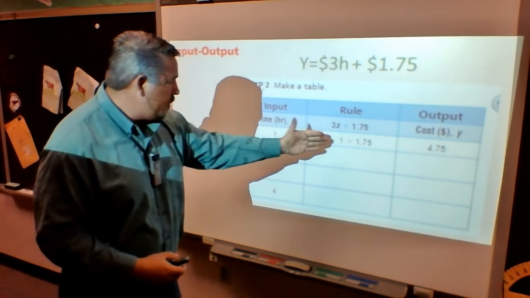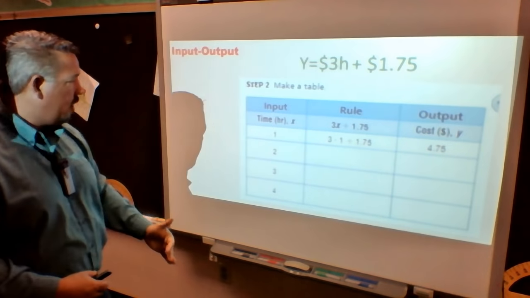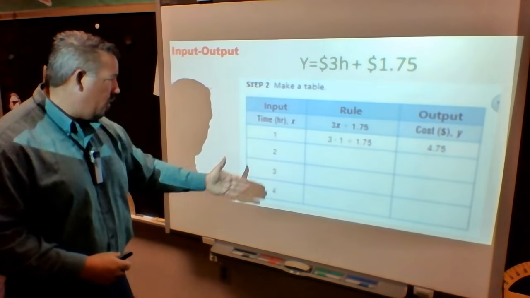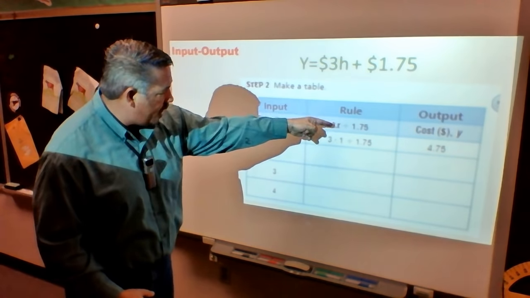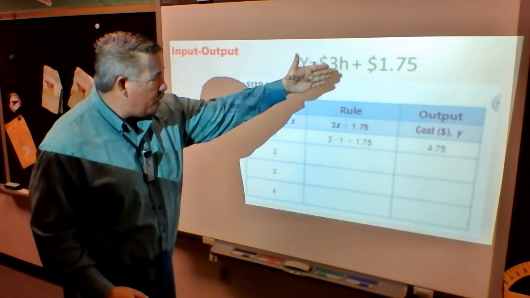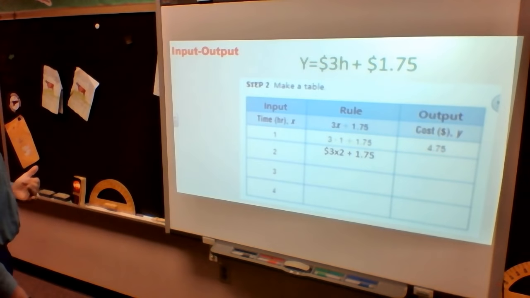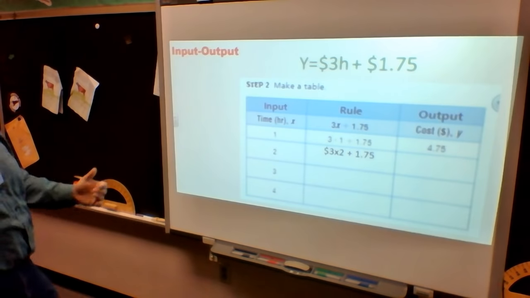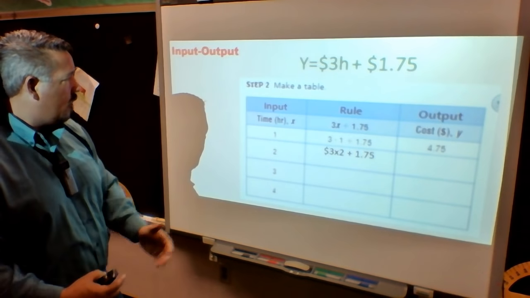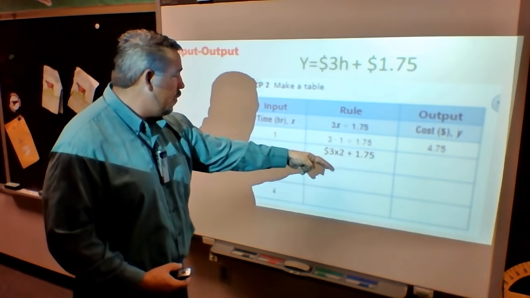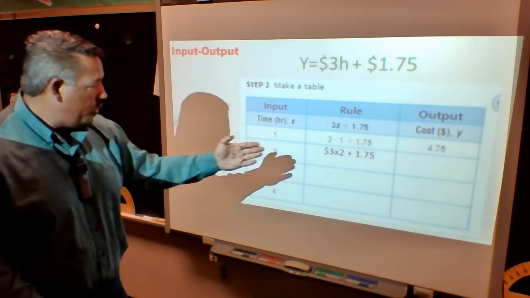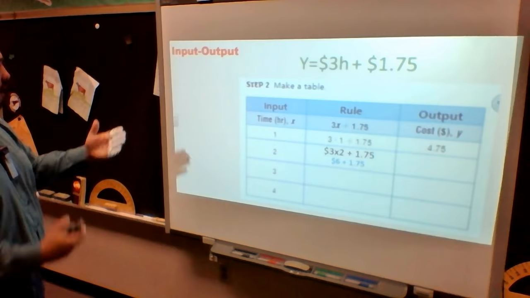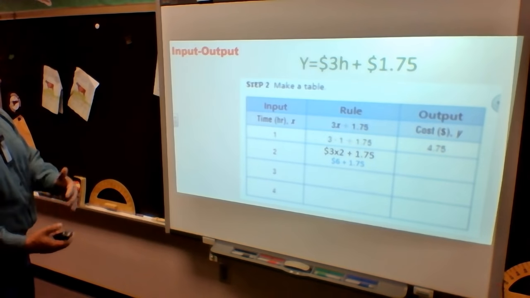So when I do this one, it's done for me. So if I just go to the second one, I know I'm going to take my x and substitute it in where the x is, or it's the same as where the h is in what we originally wrote. So I write out my rule. So now I have 3 times 2, because it tells me to use 2 instead of an x, plus the $1.75. And I write it down on my paper, and I show work.